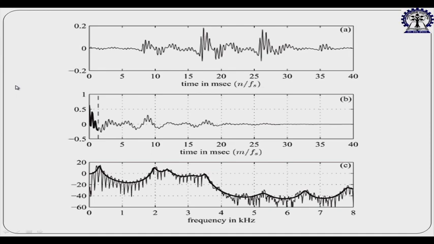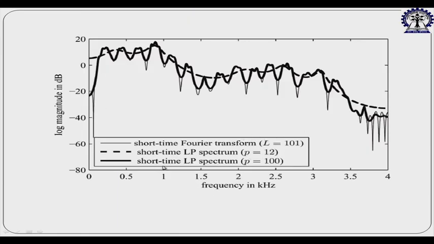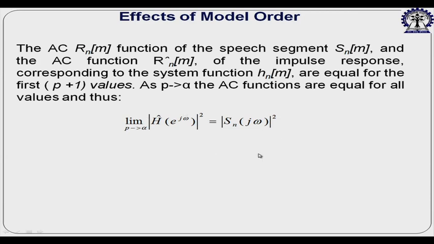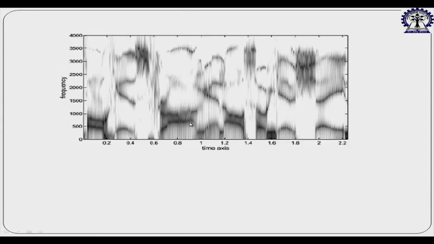This is called the LPC spectrum, and then there is the LPC spectrogram. This is the frequency analysis equation; you can go through the slides. I have not described this equation in detail. In the LPC spectrogram, the formants are much clearer. How is it plotted?